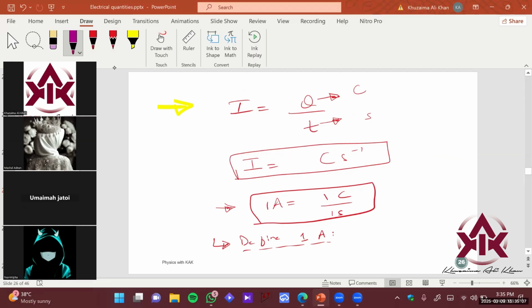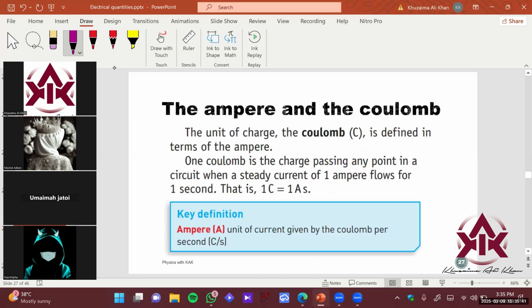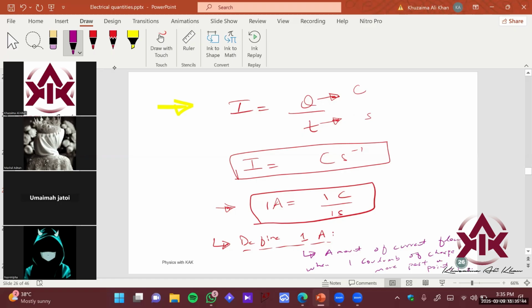It is the amount of current flowing when 1 coulomb of charge moves past the point in 1 second. That is how 1 ampere is defined here.